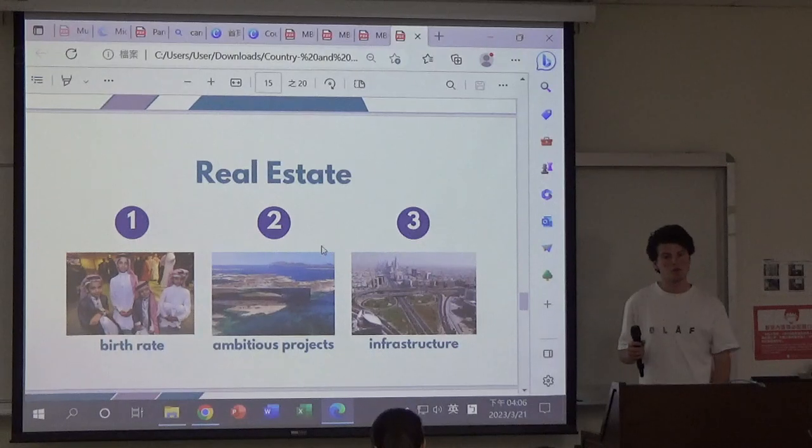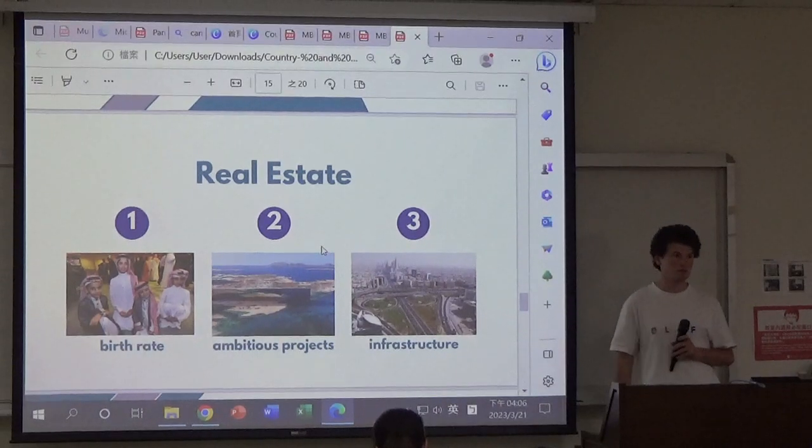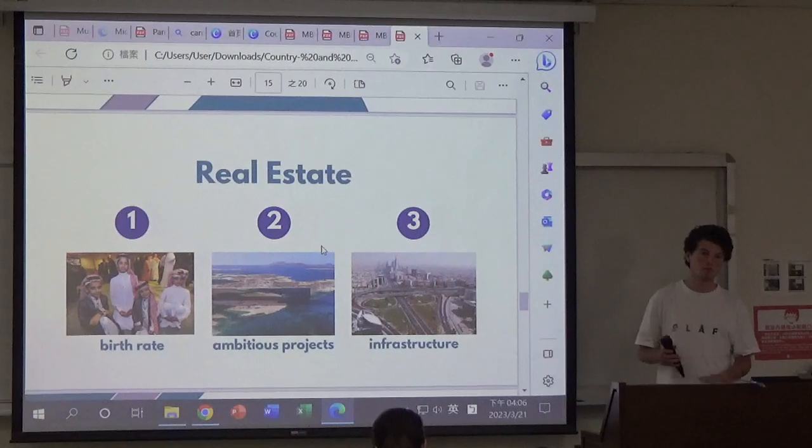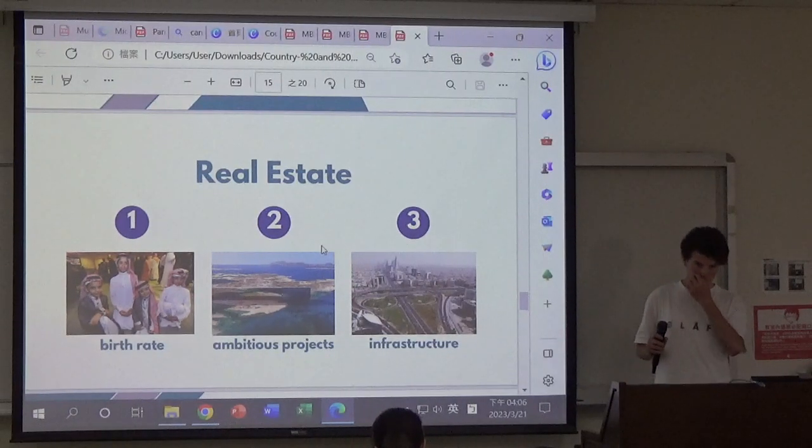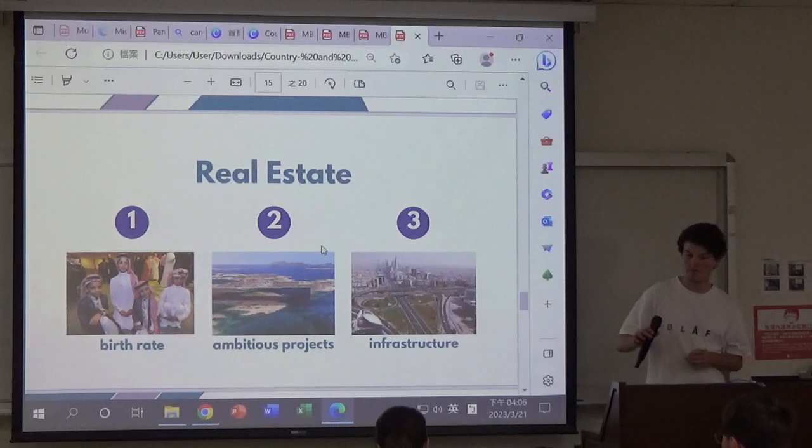Especially in the case of real estate, because some projects, like maybe even the Line, are questionable in terms of building cities. But it's a great idea to cooperate with the government. Thank you.